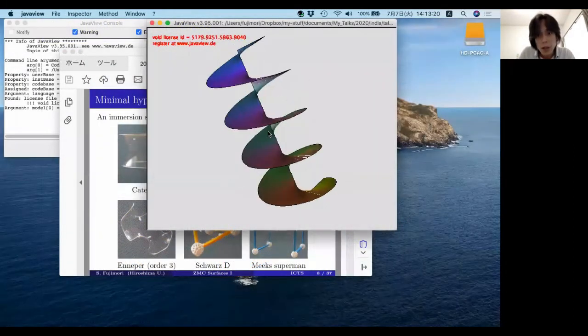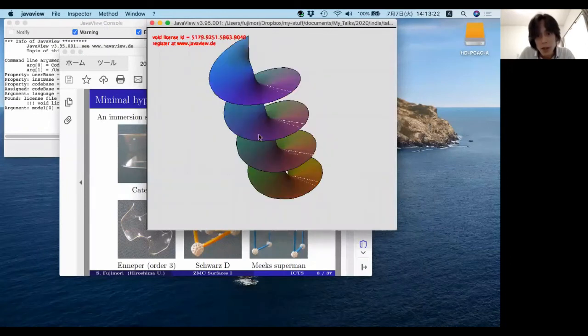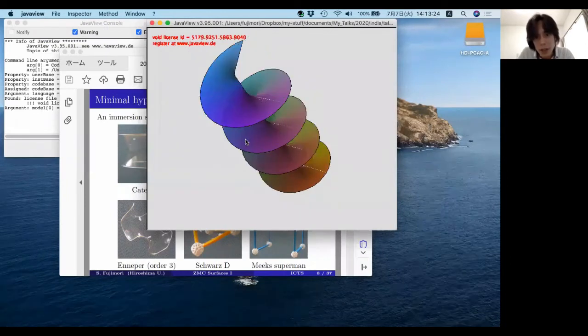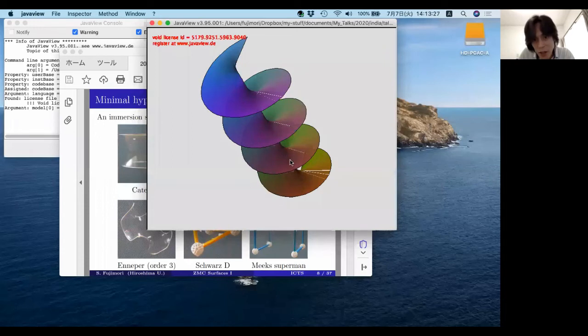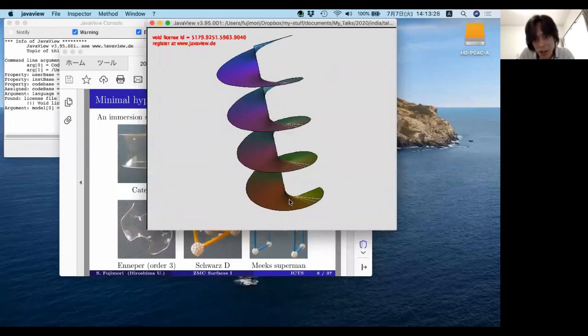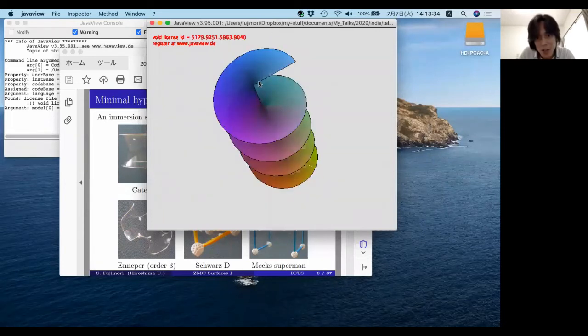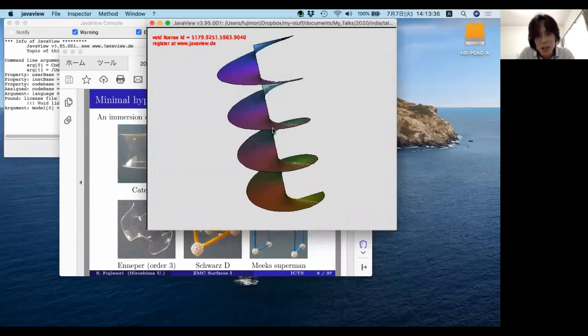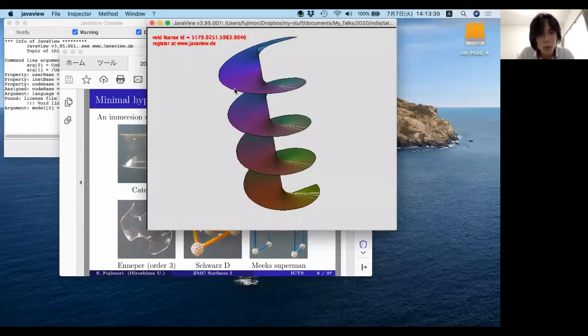The helicoid, as a wire frame, we have one vertical segment and a horizontal segment and a spiral, then another horizontal segment. Then we have a helicoid as a soap film.